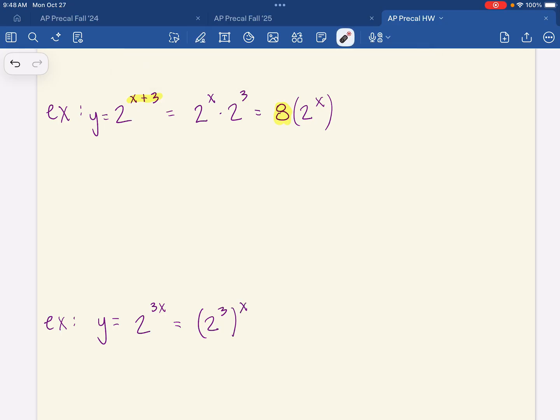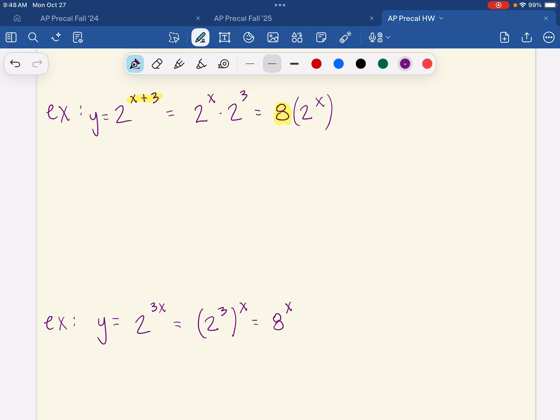If I look at my exponent rules, it would still mean that the 3 and the x are multiplying in our exponent. And I could go ahead and simplify this and say, okay, 2 to the third is 8. So this function here that's been horizontally dilated is the same as if the base completely changed.